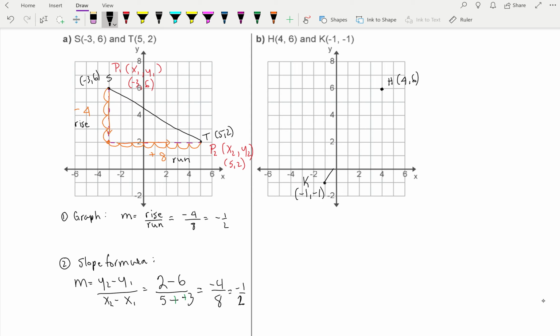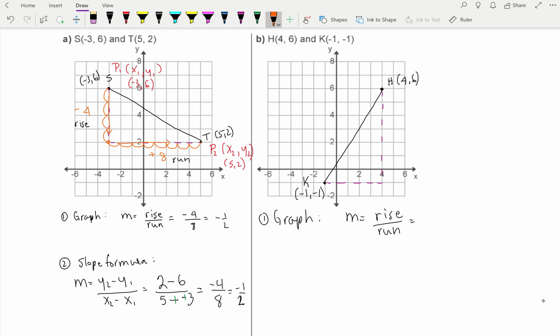We're going to join our points and draw in a triangle. We're going to start with our graph. m equals rise over run. So I want to figure out what the rise and the run are.